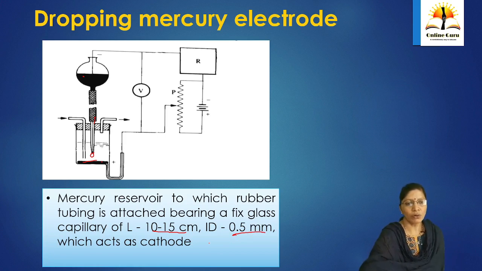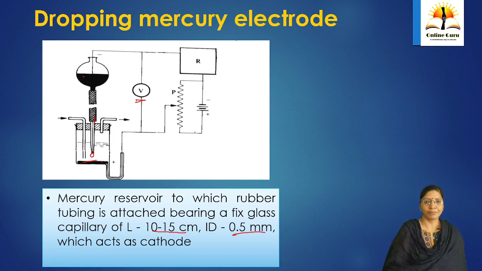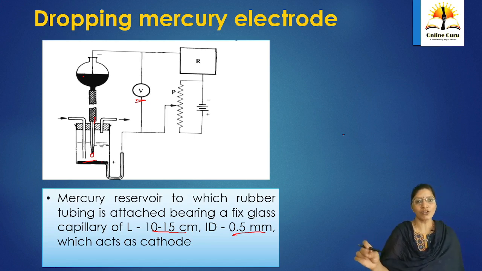Okay, so what is the phenomenon that is going to take place at the dropping mercury electrode? When we take any analyte in the solution and carry out a particular potential scan, what is done with the potential scan? We are going to vary potential. Potential will be changed from 0 in the positive direction or 0 to the negative direction.